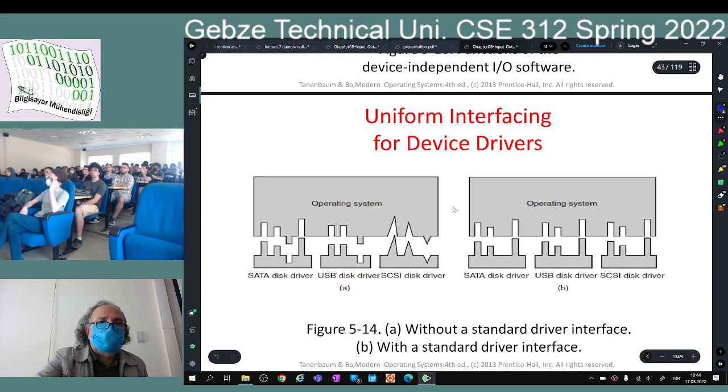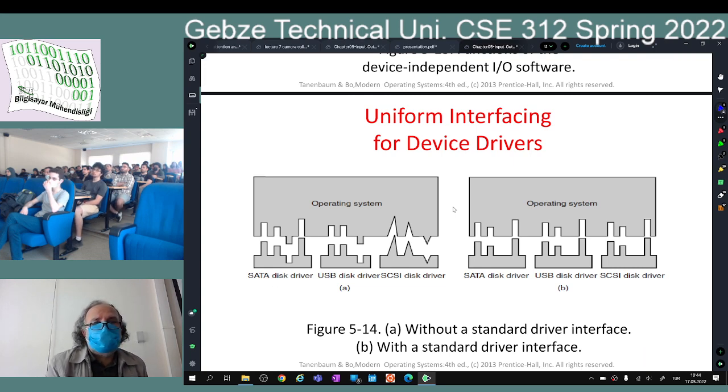Some operating systems define lots of other standards. For example, for USB, they define this. For SCSI, they define this. For SATA, they define this kind of interface. Of course, we prefer this because it is easy for the operating system to comply with the rules. There are fewer possibilities of having a bug with the operating system.